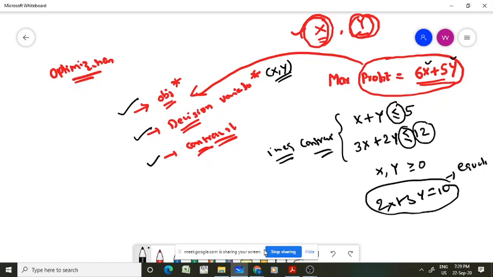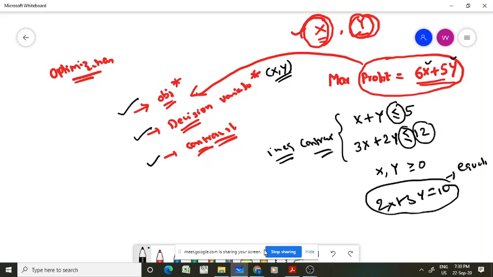Then, as an engineer, to find the solution you have to convert that into a mathematical model. This is called the mathematical modeling of the optimization problem. It has 3 parameters: the objective function, the decision variables, and the constraints, which may be equality or inequality constraints.